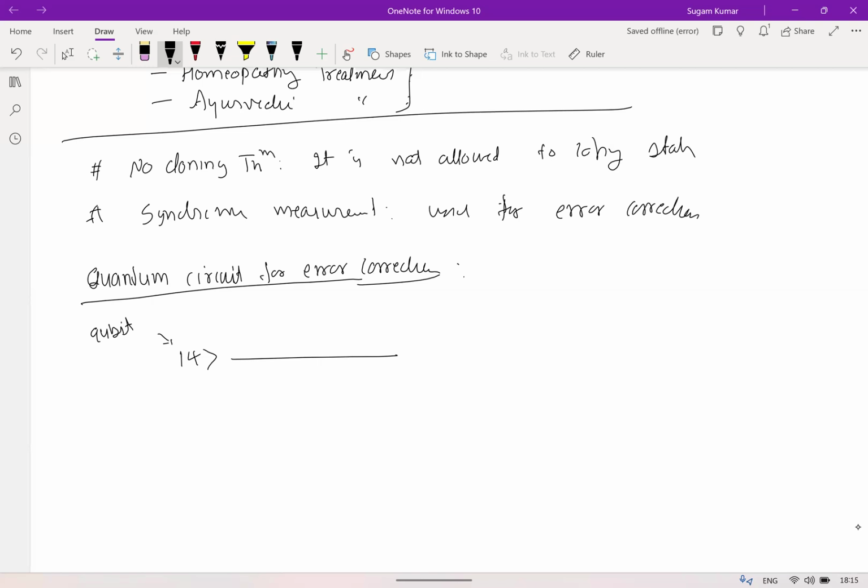Generally what you do is you create two more qubits and you initialize them in the 0 state. And these two qubits are called auxiliary qubits.